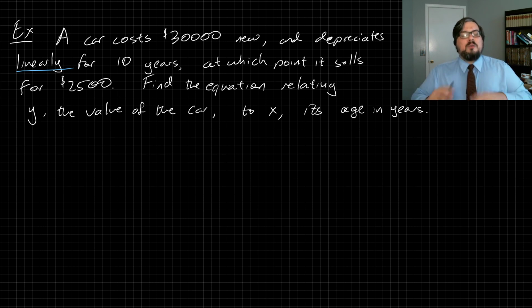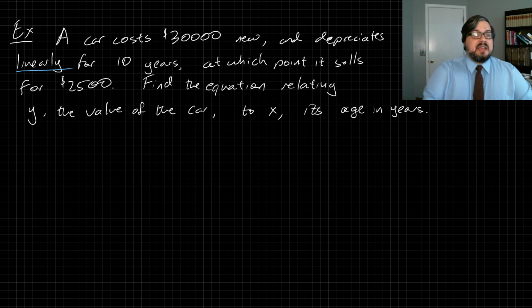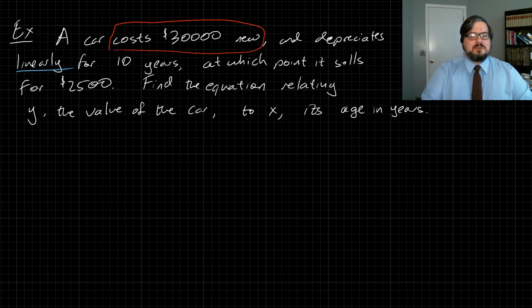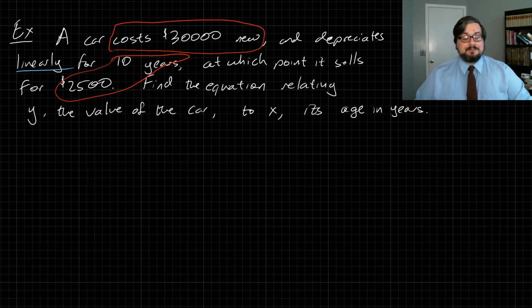So you always either need to be given 2 points or a point and a slope in your problem in order to be able to solve it. In this case, we are given 2 points. We're given information about the car at 2 different points in its life. We're told that it costs $30,000 when it's new, and then after 10 years, it's worth $2,500.